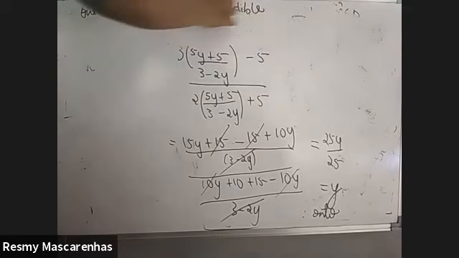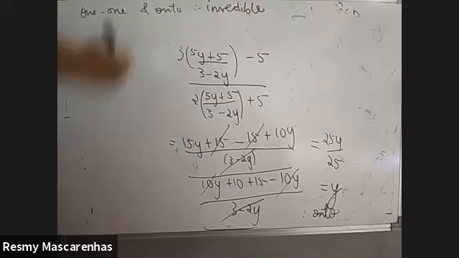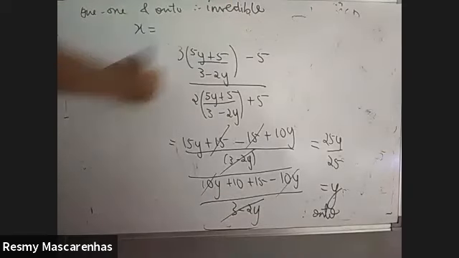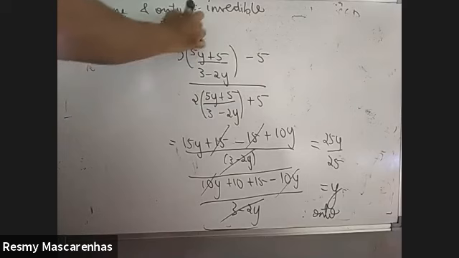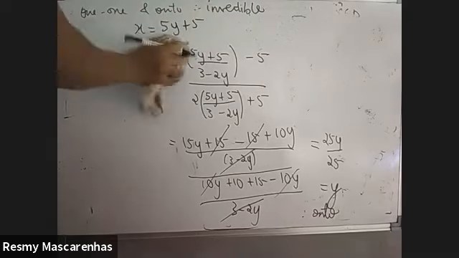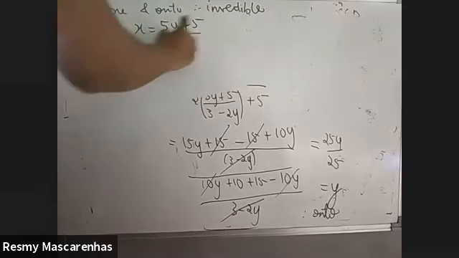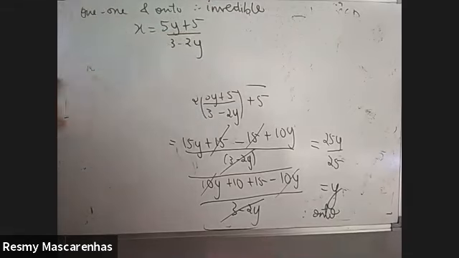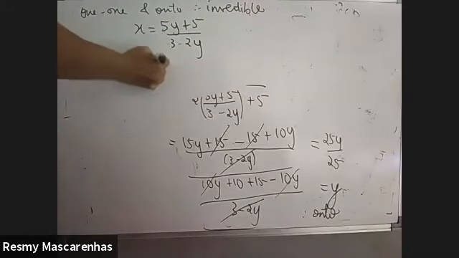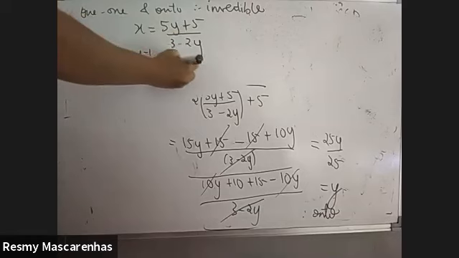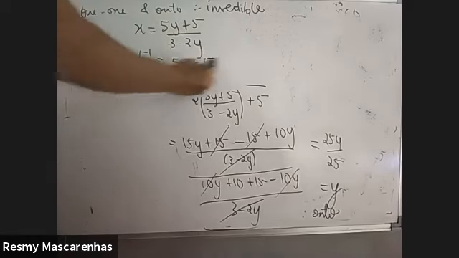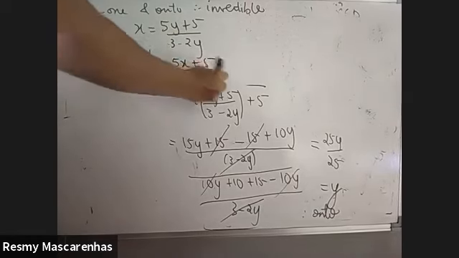If they say show that it is invertible, you have to say invertible. And x is how much? So we have to find the inverse. So replace f inverse: wherever there is y, you have to put x. So this is your answer.